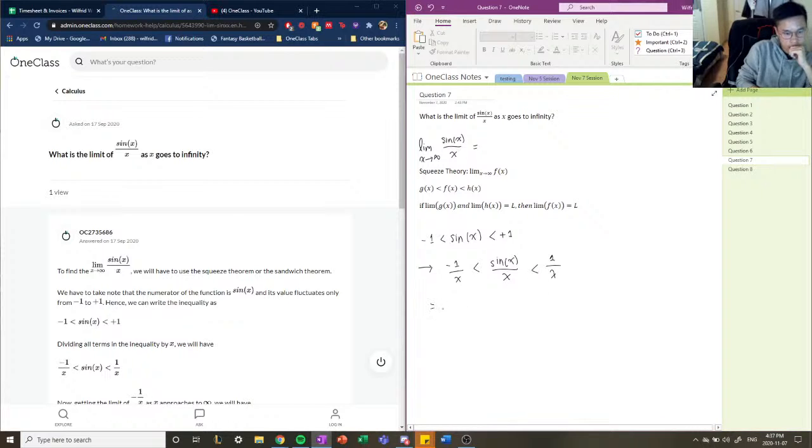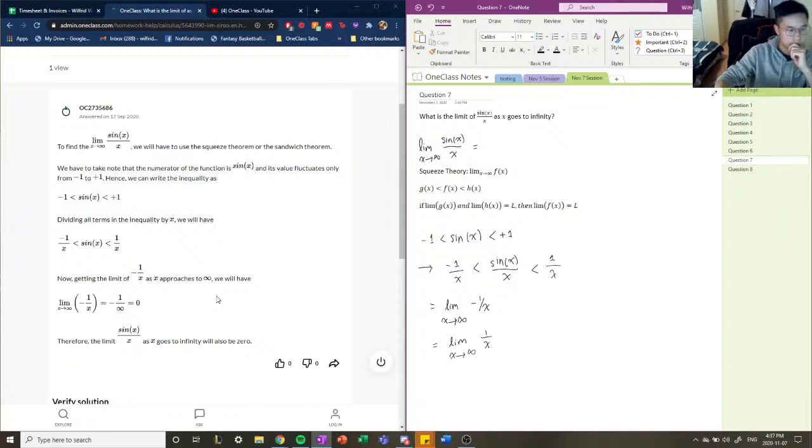So now, what is the limit as x approaches infinity of -1 over x, and same thing for the limit as x approaches infinity of 1 over x, right? We see here that this equals 0, and this also equals 0.